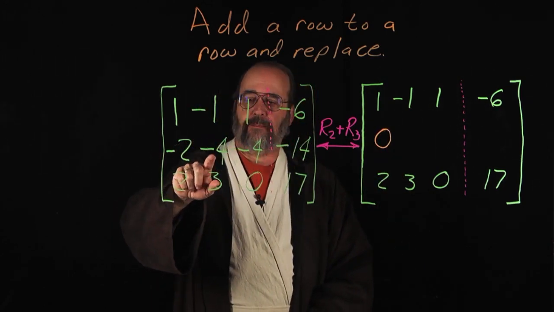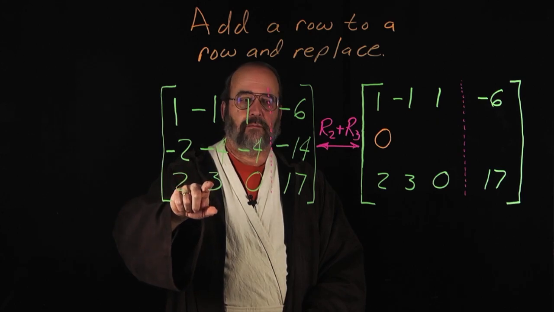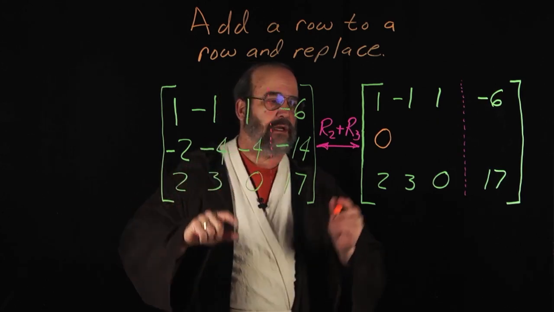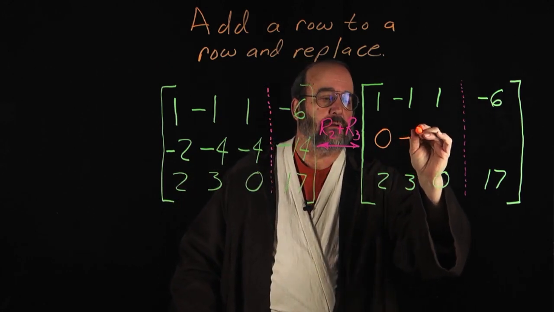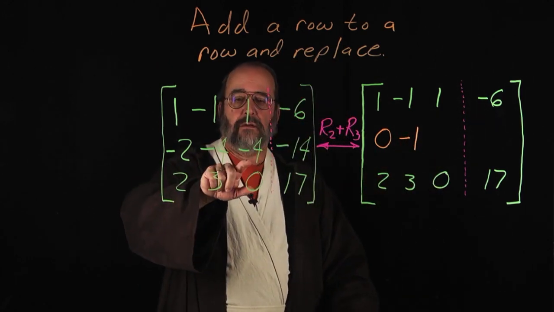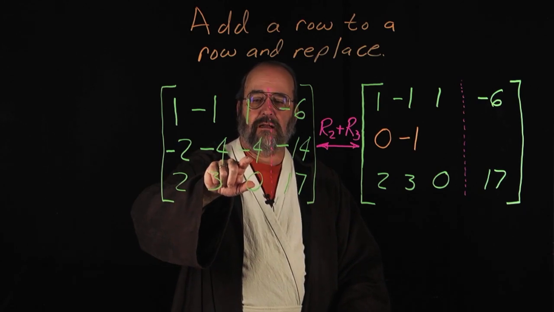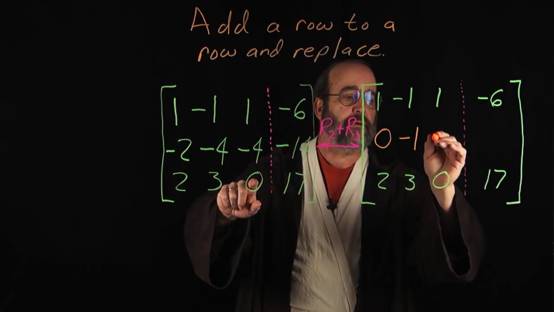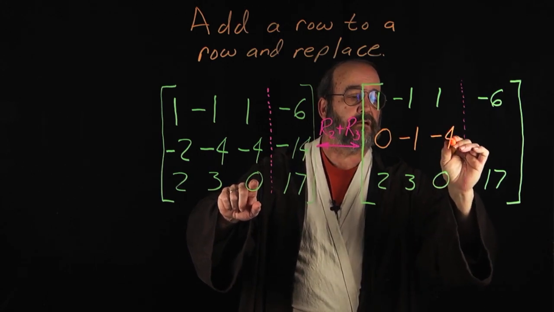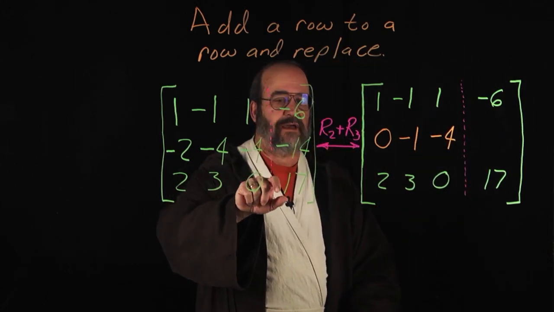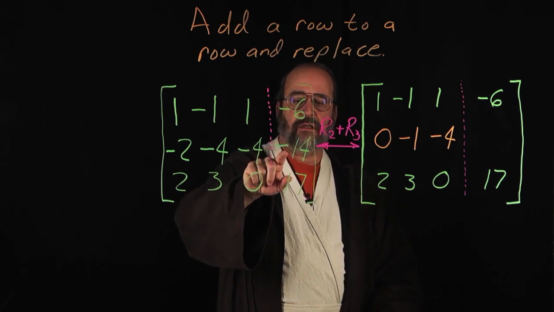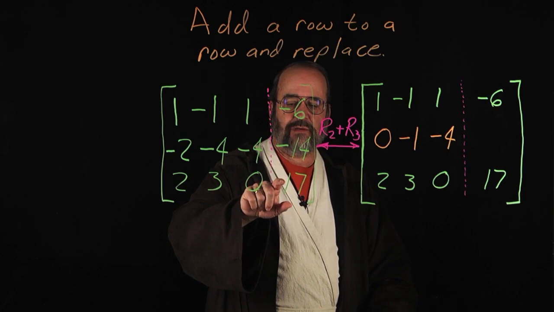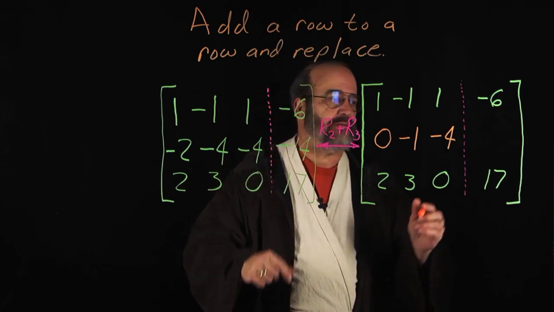The next column, -4 plus row 3, 3, -4 plus 3 is -1. The third column, -4 plus 0 is -4. And then don't forget these guys. We got to do these too. You got to do all the way across. -14 plus 17 is a positive 3.